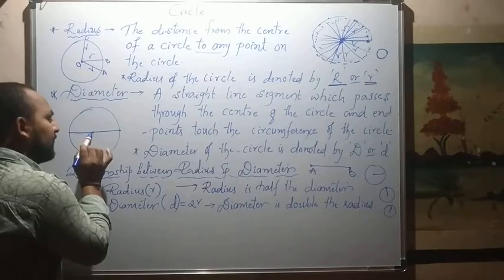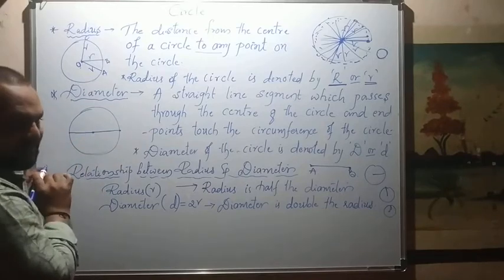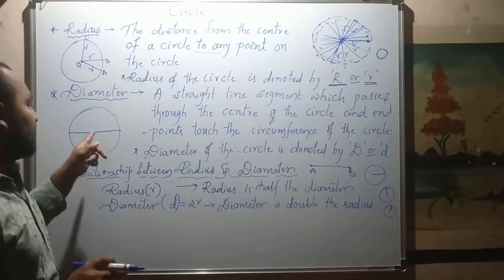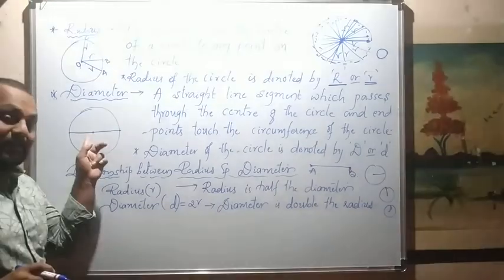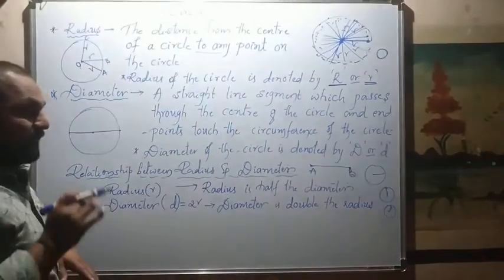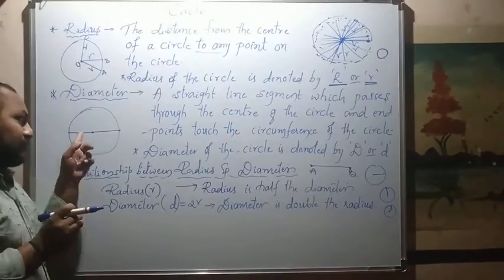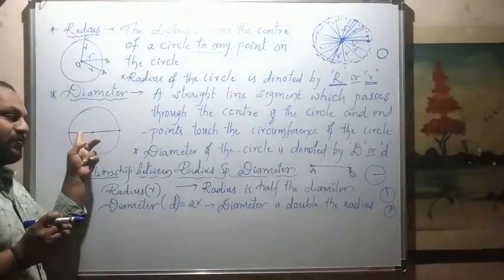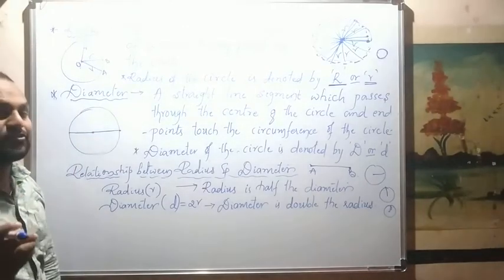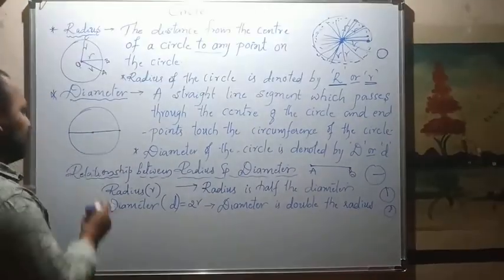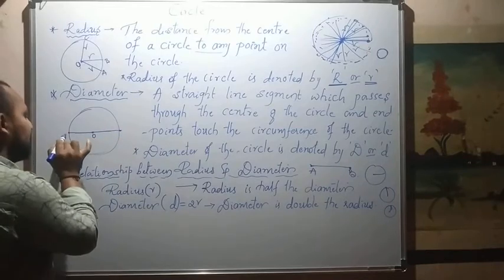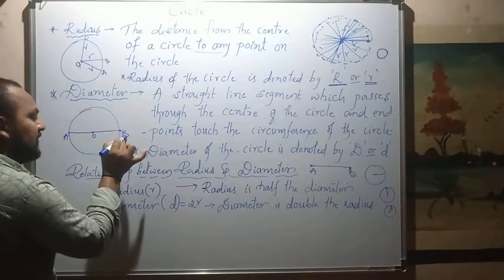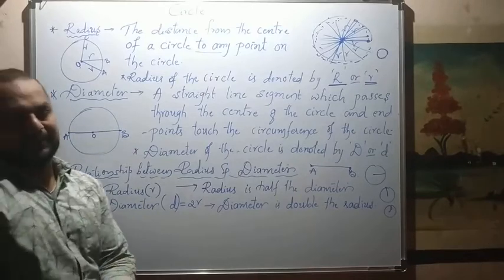Here, a line segment passes through the center of the circle, and end points of the line segment touch the circumference of the circle. This is the center of the circle. Then AB is the diameter of the circle.